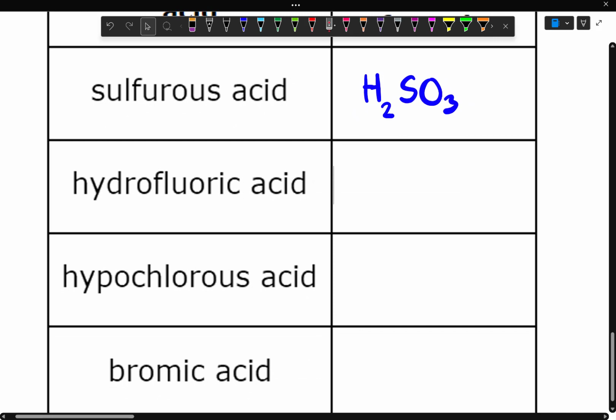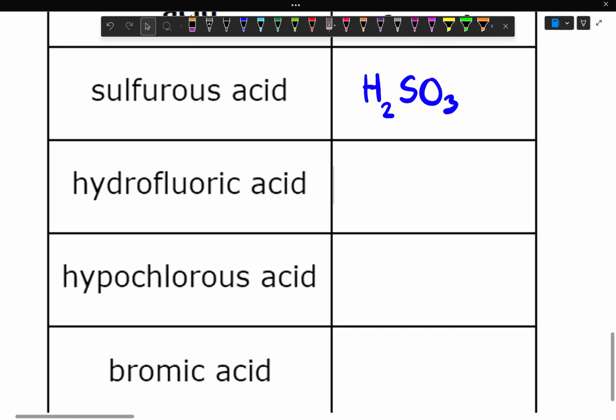Now, we have hydrofluoric acid. So here's where things get a little bit more complicated. So first of all, we have hydro in here. So since we have hydro, this means that we have no oxygen in our compound.